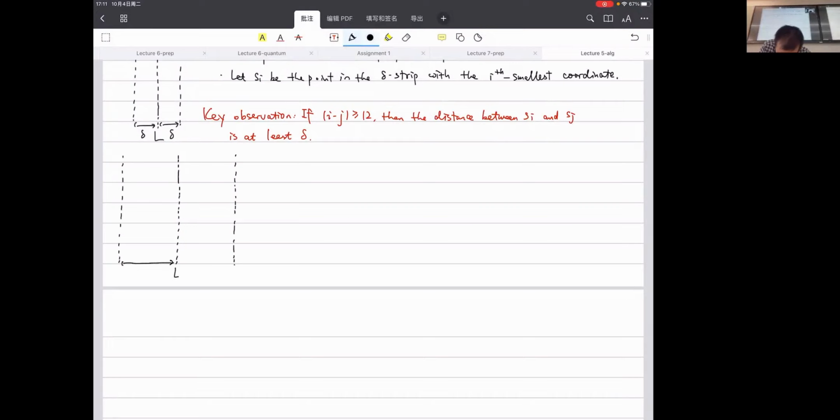So this is delta, and this is delta. We draw even smaller squares, so we consider such kind of squares.